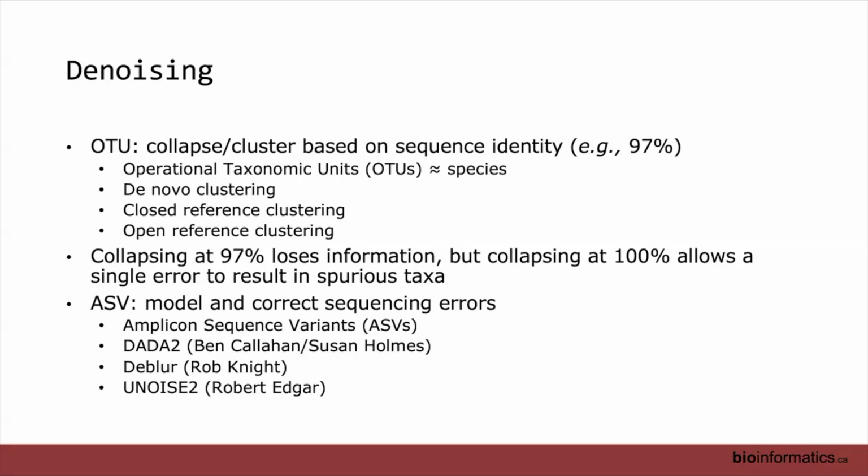Those ASV models, you mentioned they're platform specific, are they available for Illumina, PacBio? Yes and no. Definitely for Illumina. PacBio, I believe you need to use Data2 for. It has an option.